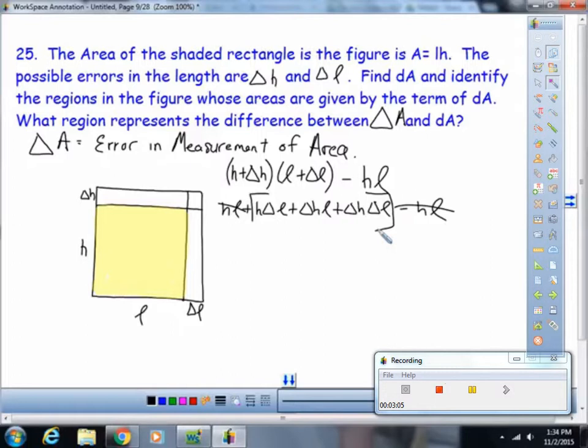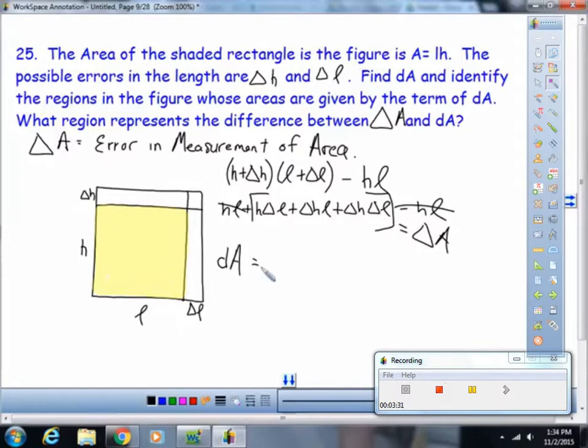Now let's compare that to dA. Remember that dA is the total differential of the area. By definition, it is the partial derivative with respect to L times dL plus the partial derivative with respect to H times dH.